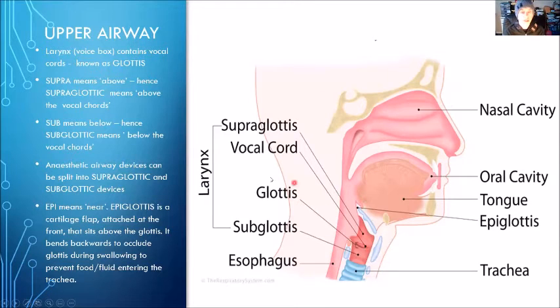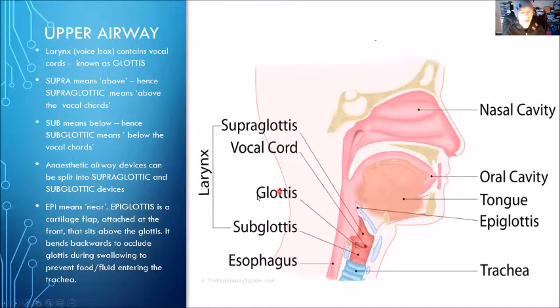And the term glottis is reserved for the opening between the vocal cords. So the glottis is a very important part of our airway, and it has many functions, voice production and protection of the lower airway from aspiration being two of them.